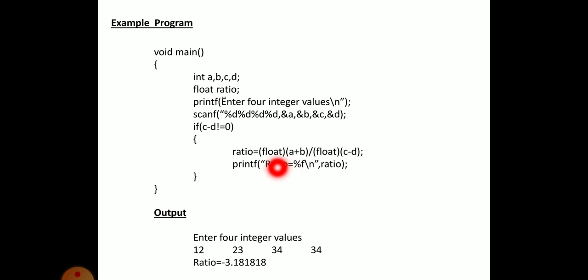So in this program, it checks if C minus D is not equal to 0. If this test expression is found to be true, these two statements will be executed: ratio equal to float A plus B divided by float C minus D, and printf ratio equal to ratio. This ratio will be calculated and displayed only if the condition is true.